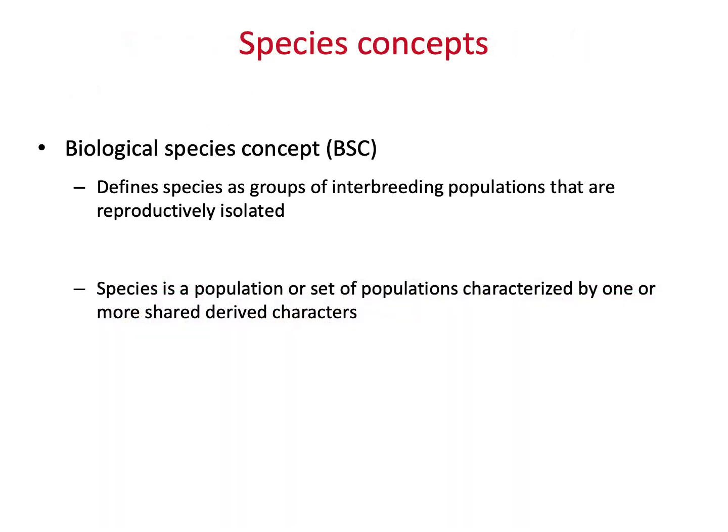So now that we're done talking about the different kinds of monophyletic, polyphyletic and paraphyletic groups, let's look at another important factor, which is the species concepts. In chapter 21, you learned about the origin of species. Now you know that the biological species concept defines species as groups of interbreeding populations that are reproductively active.